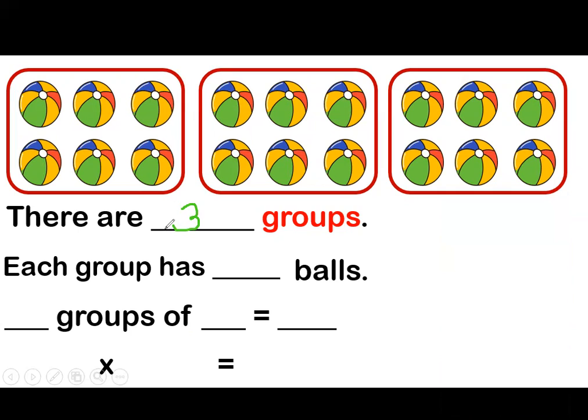Each group has how many balls? Okay, each group has 6 balls. 1, 2, 3, 4, 5, 6. Each group has 6 balls.